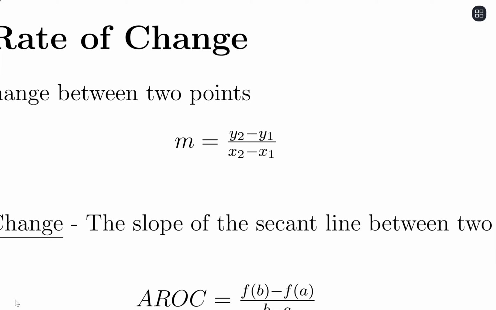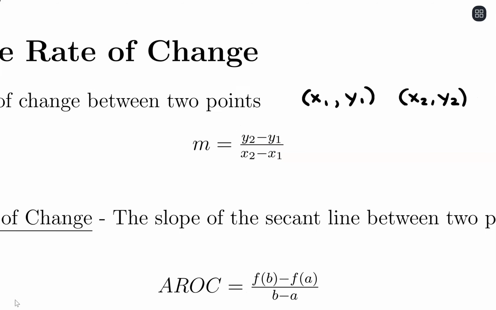If we have two coordinates, say x1, y1, and then a second coordinate, x2, y2, then in the numerator we take the difference of the y values, and in the denominator, the difference of the x values, making sure that you're lining up. If you're doing the second coordinate first, then the first coordinate would be second in terms of the subtraction.